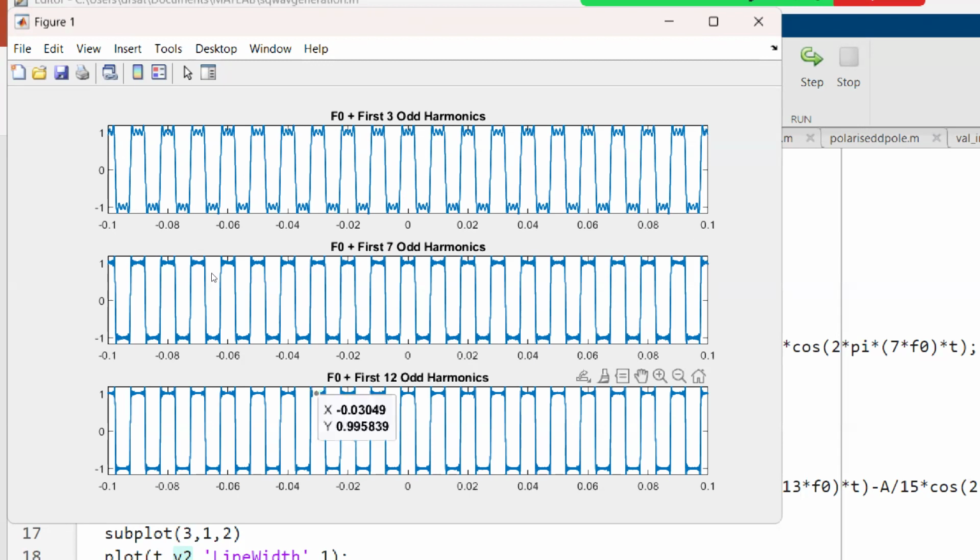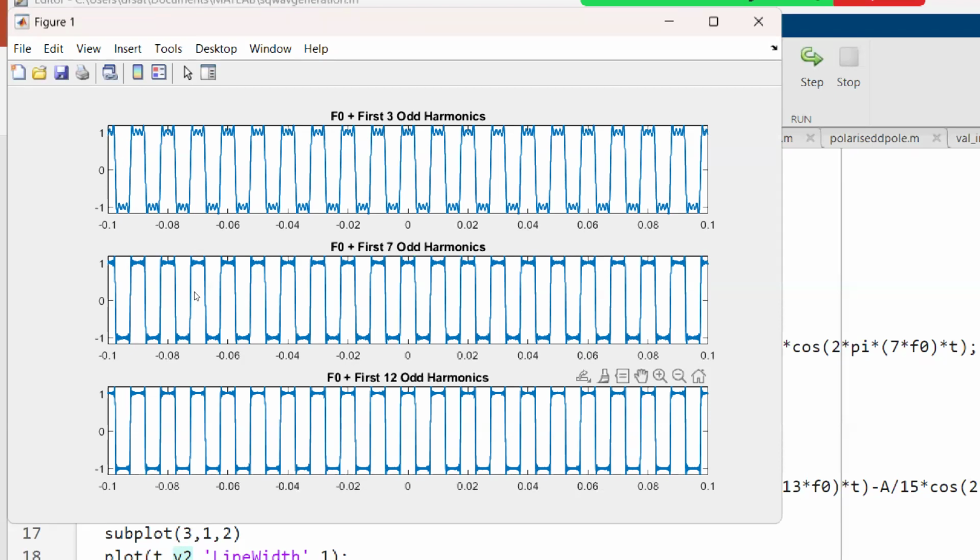So basically, if we increase the number of harmonic terms to generate the square wave, the waveform that appears will more closely approximate a square wave. Obviously, when we have an infinite number of odd harmonic terms, the waveform we generate must be equal to the square wave.